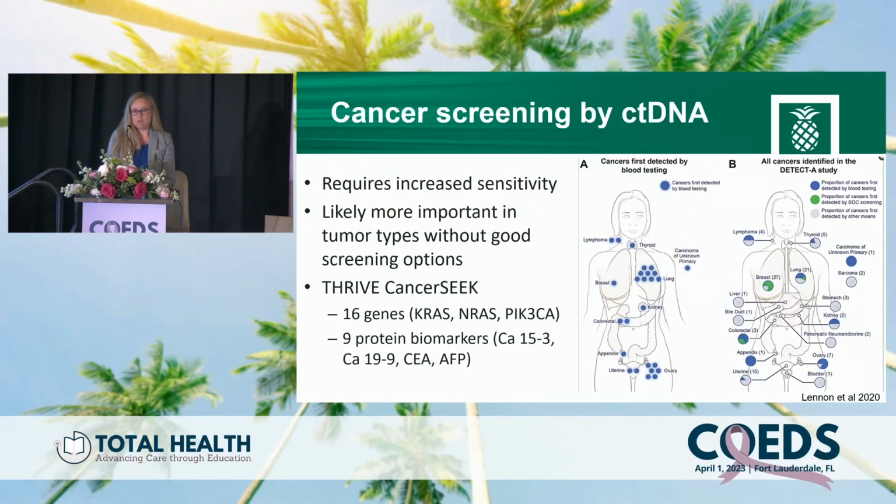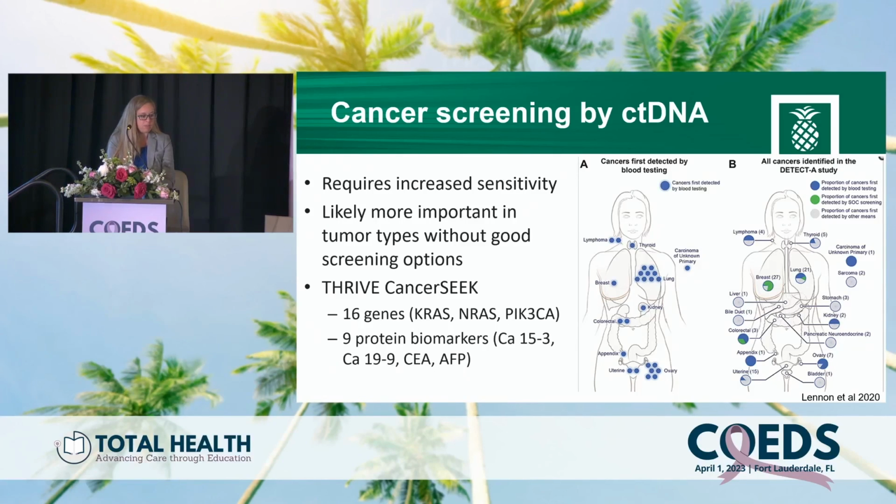And then I would say the most controversial use of ctDNA in breast cancer is for screening. This study using the Thrive CancerSeq assay was looking to screen for a number of different types of tumors, and it was using genes such as KRAS, NRAS, PIK3CA, and protein biomarkers like the tumor markers that we commonly use in the metastatic setting.